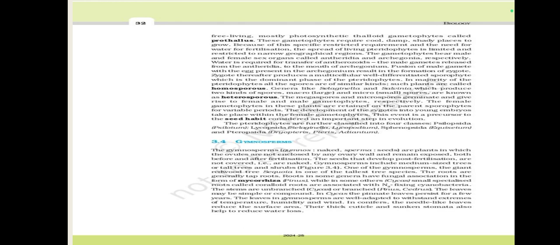Water is required for transfer of antherozoids, the male gametes released from the antheridia, to the mouth of the archegonium. Fusion of male gametes with the egg present in the archegonium results in the formation of zygote. The zygote thereafter produces a multicellular, well-differentiated sporophyte, which is the dominant phase of the pteridophytes.